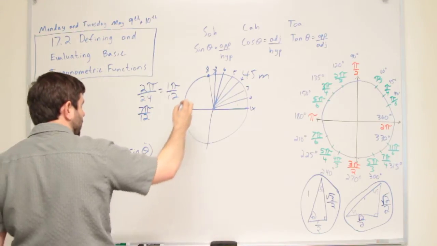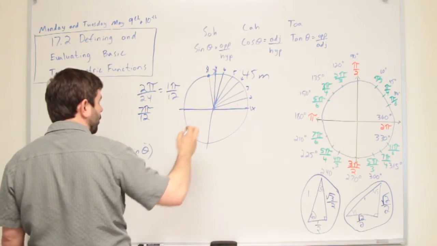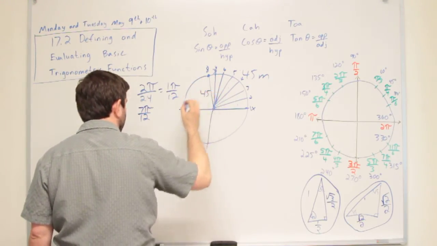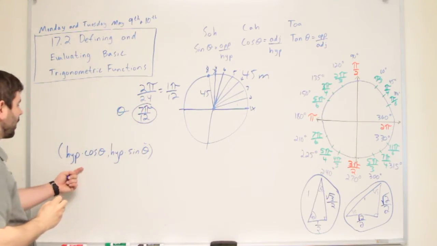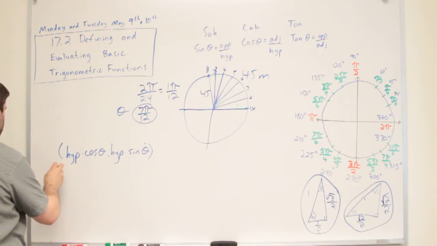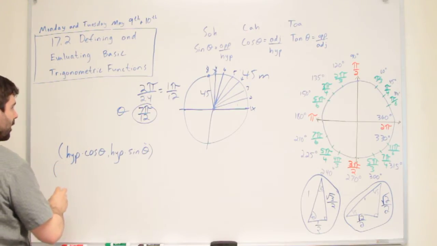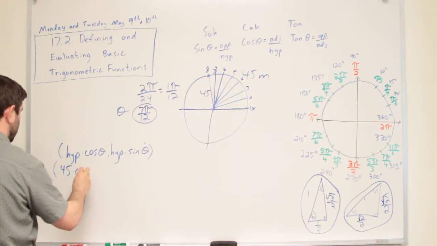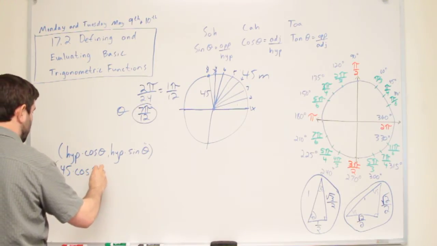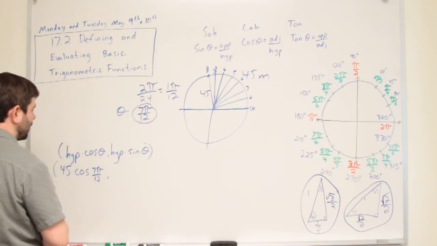We want to find the coordinates of this point. Well, we have our radius, 45, and we have our angle. This is our theta. So we can just plug it into here. Our x value is going to be the hypotenuse, which is 45 meters, times cosine of 7 pi over 12.